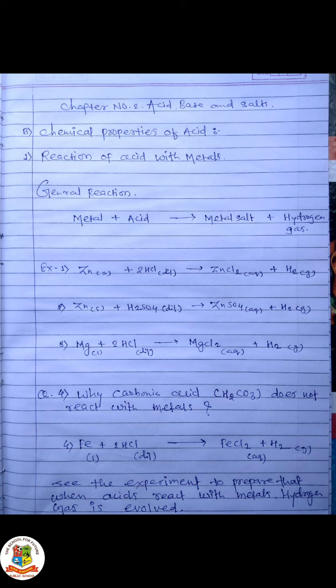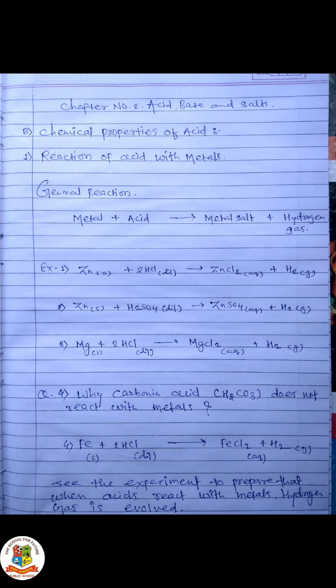After that we saw the effect of indicators on acids. First we saw litmus paper. Blue litmus paper changes into red color, therefore we can identify that this is an acid. With methyl orange it gives pink color, and phenolphthalein is colorless in acidic medium.